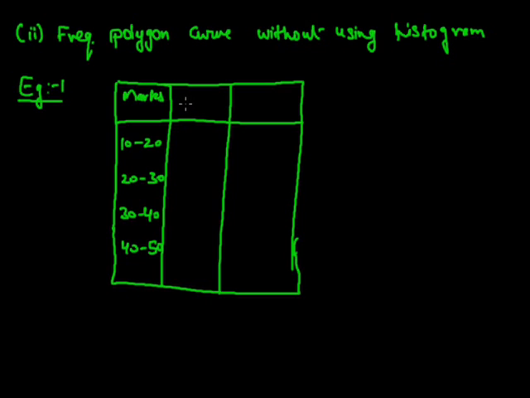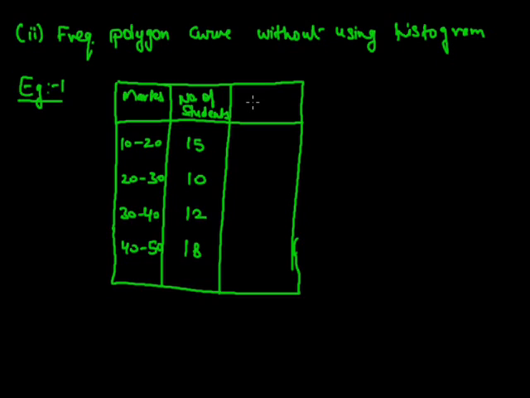These are the marks, and accordingly the number of students are given: 15, let's say 10, 12, 18. So these are the number of students whose marks are between 10 to 20, 20 to 30, 30 to 40, 40 to 50. Now accordingly we'll see how to draw a frequency polygon curve for this data.